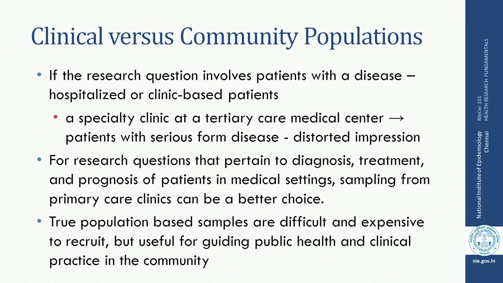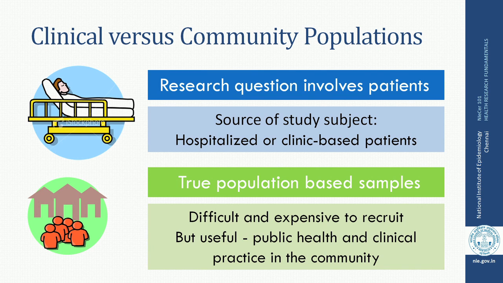Okay. With this understanding, what will be your source of the population, clinical versus a community population? Clinical population is where we include studies with a research question involving patients. With the previous example, those are all the PCOS reproductive age group females with dysmenorrhea.